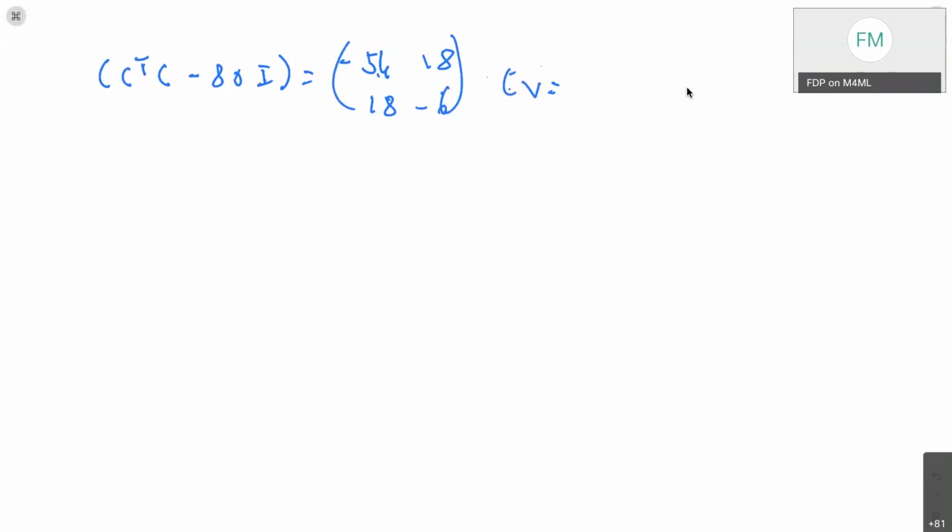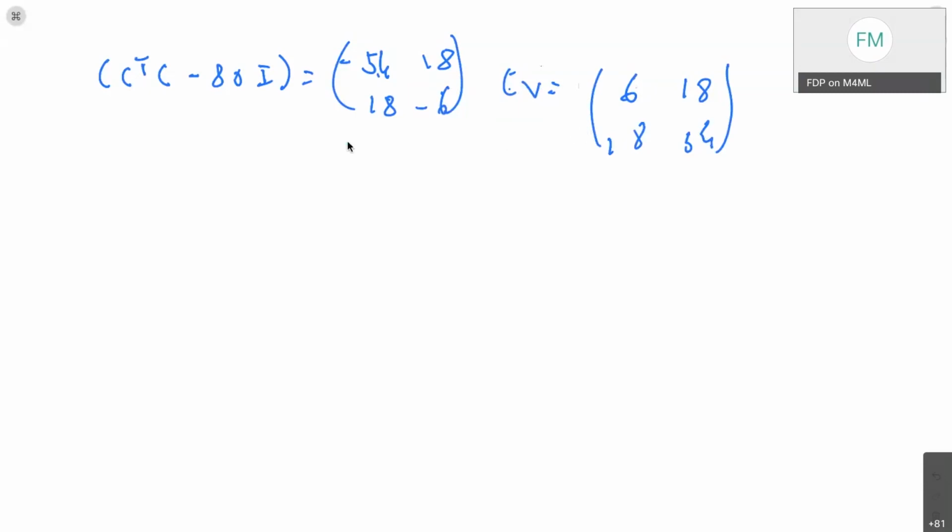Sir, you have converted a 6, 18, 18, 54 matrix into some other. The previous one, 6, 18, 18 and 54, right? Yes. So this is for eigenvector 1.